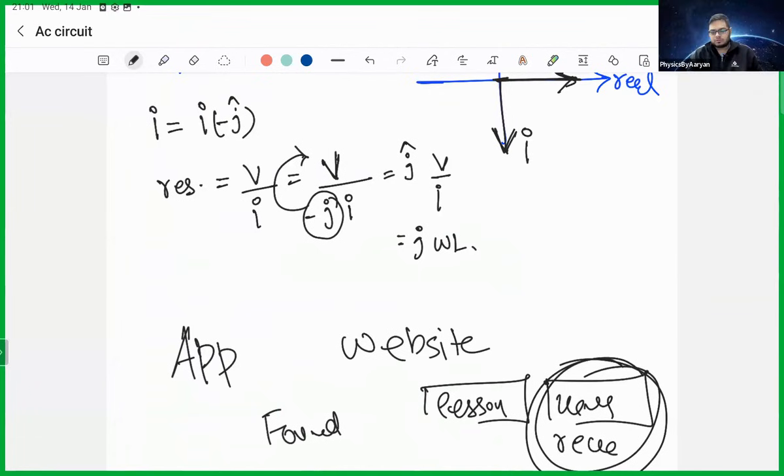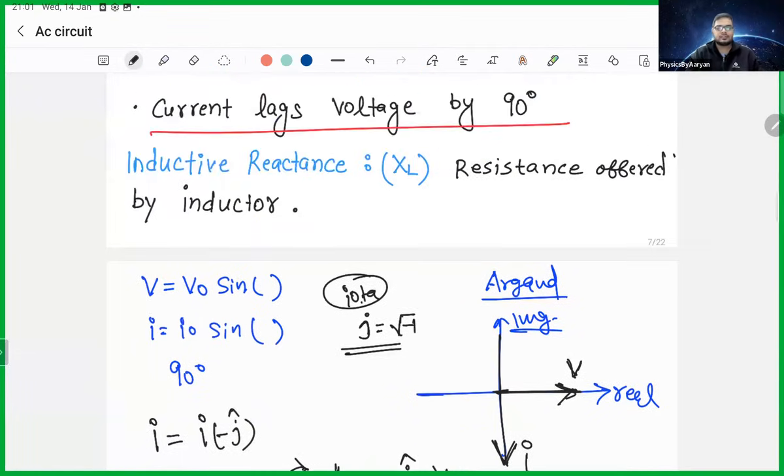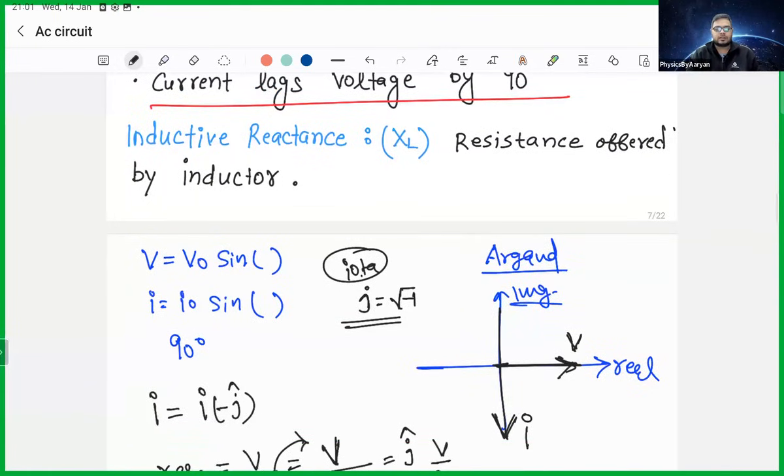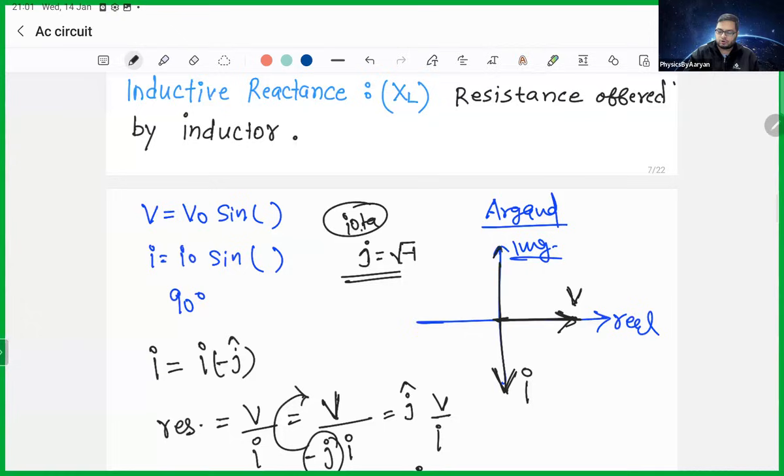No, look, I cannot draw the resistance here. I don't say that this is my resistance. Resistance is a final effect of voltage and current. I have already divided two complex numbers to get another complex number, but I am not drawing that resistance on my diagram because this diagram is for voltage and current.